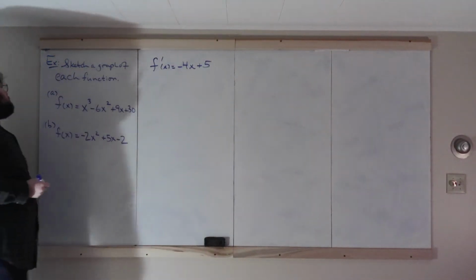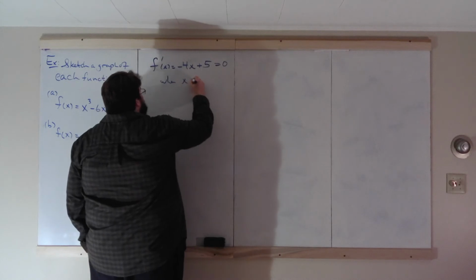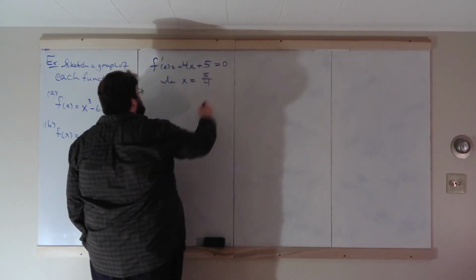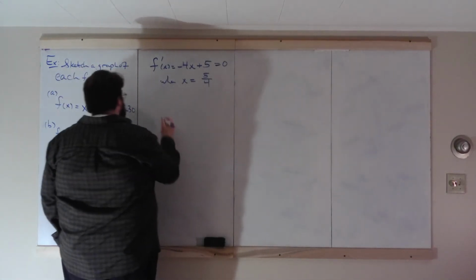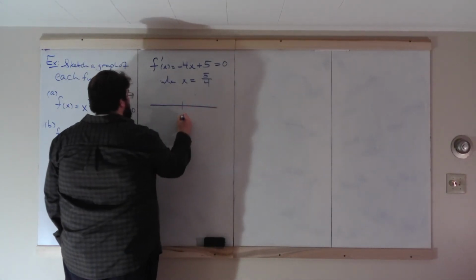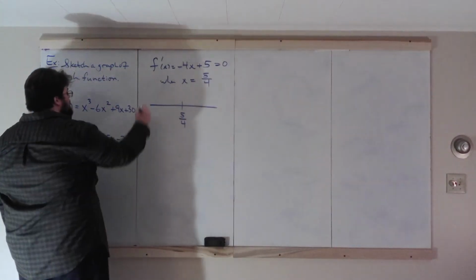We want where that equals 0, which is when x equals 5/4. Add 4x, divide by 4, or subtract 5, divide by negative 4. Well, that's our only point.